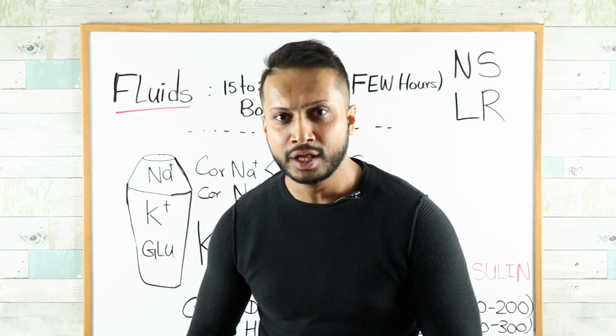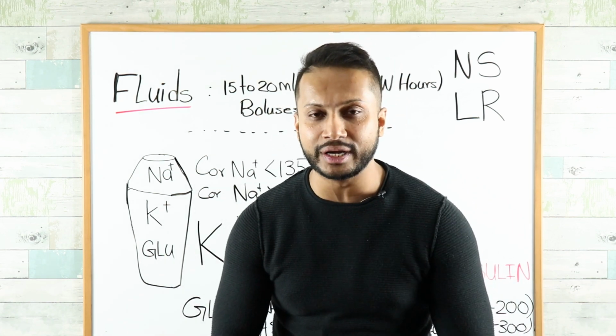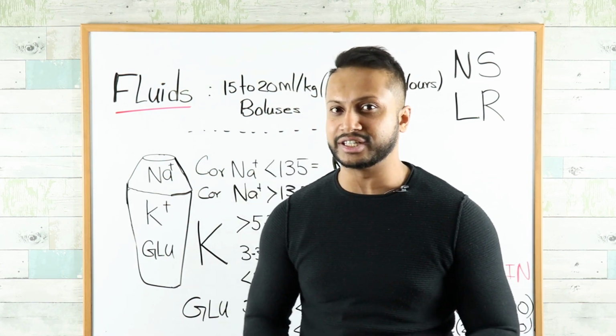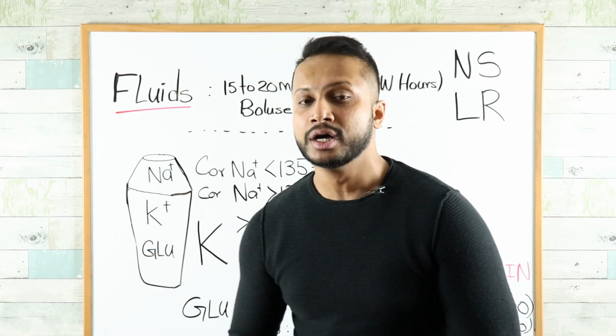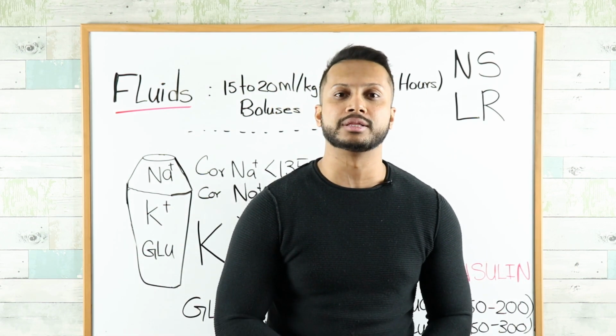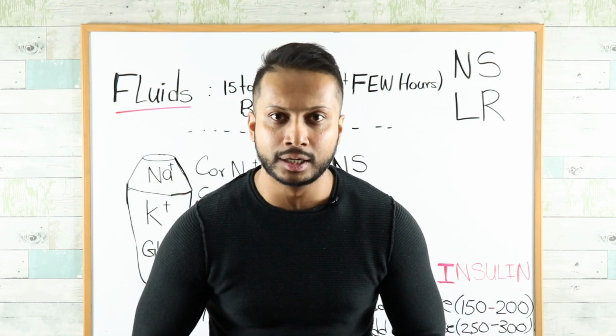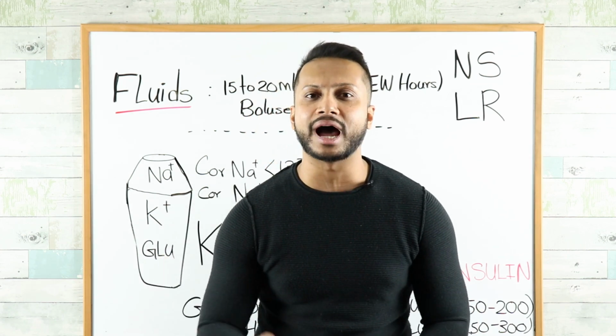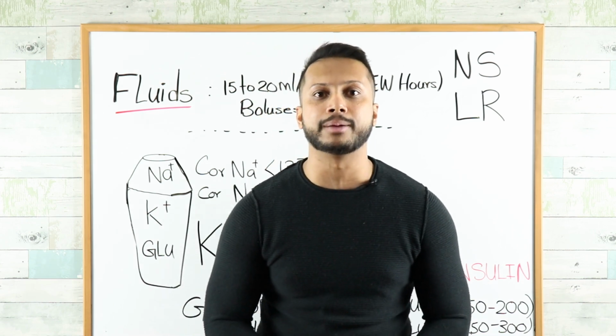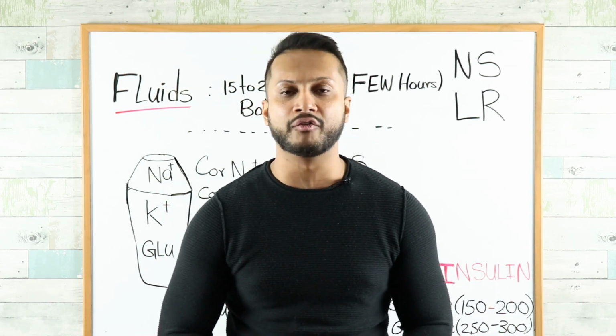Isn't that just beautiful? When you give the patient IV fluid when they are volume depleted in DKA and HHS, that by itself decreases your glucose level in the blood by about 50 to 70 milligram per deciliter per hour. So this tells you that IV fluid is a very important part of management of DKA.